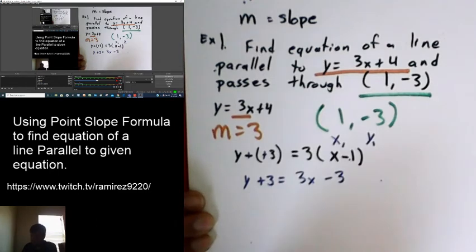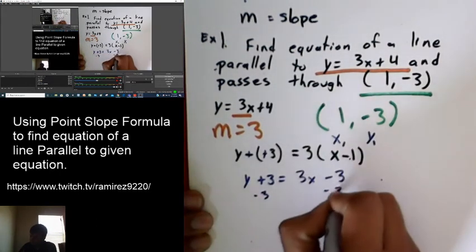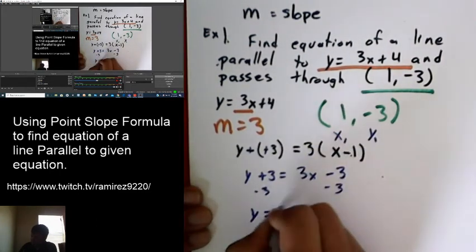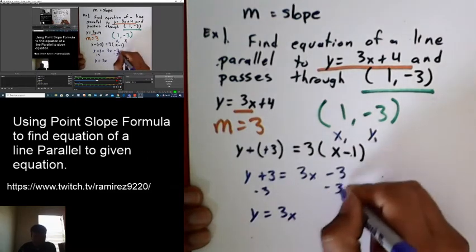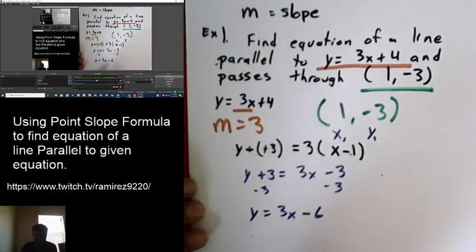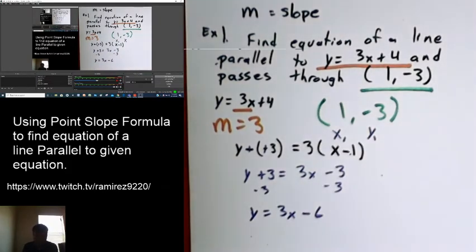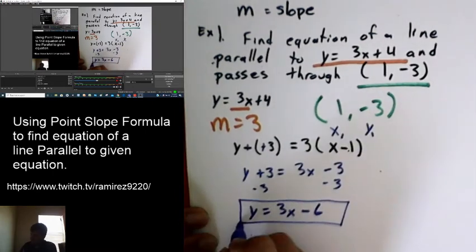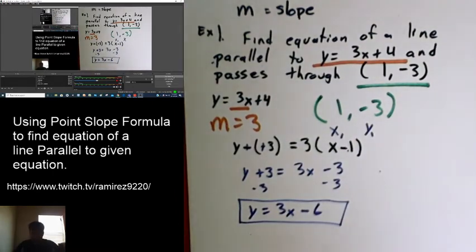We move the 3 to the other side. Y is equal to 3x, and this is not 0. Remember, same sign, add and keep sign, okay? Minus 6. So this right here is the equation of the line that is parallel to 3x plus 4 and passes through the point 1 and negative 3.